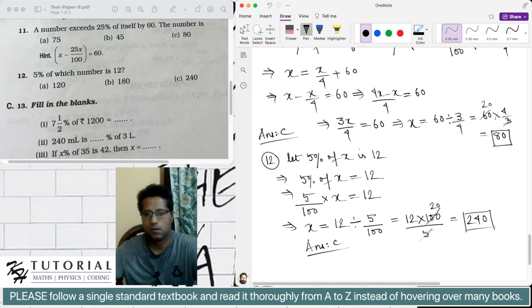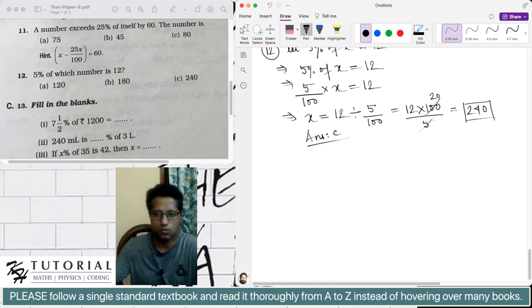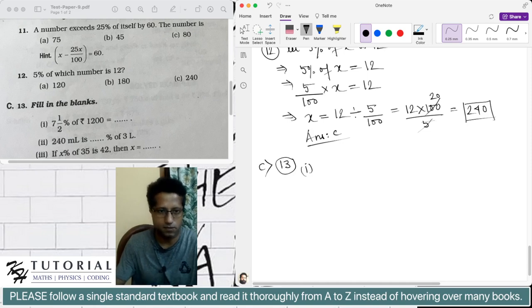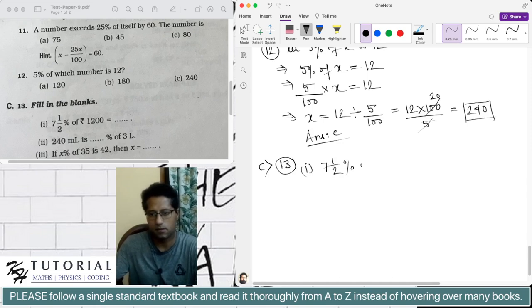Okay, let's do the fill in the blanks section C. Problem number 13, part 1. 7.5% of rupees 1200 is. We have to compute what will be the value of 7.5% of rupees 1200.